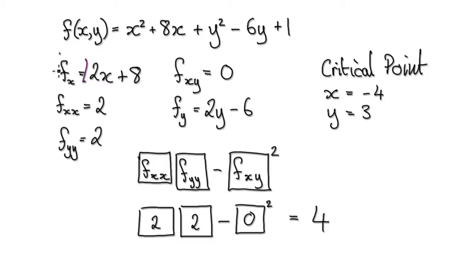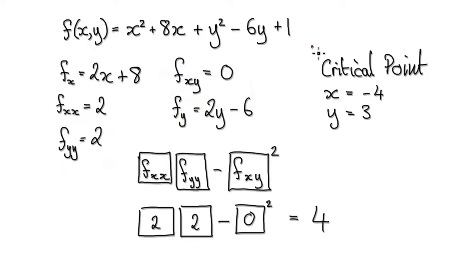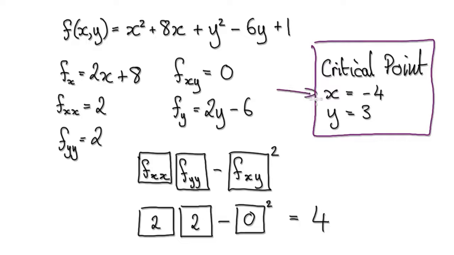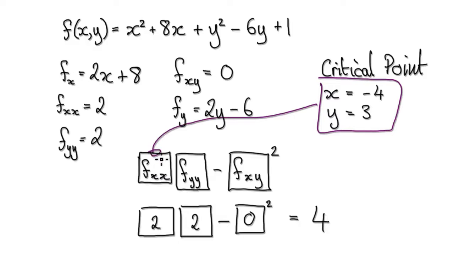So fx equals this, fxx equals this, fyy equals this, and so on and so on. Remember, our critical point from the previous video was given by this. So now we need fxx. Remember, we need to evaluate it at this point here. So this block here would be us doing this. fxx, evaluate it at -4, 3.